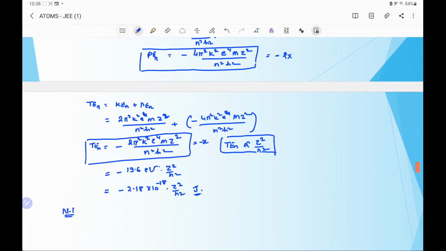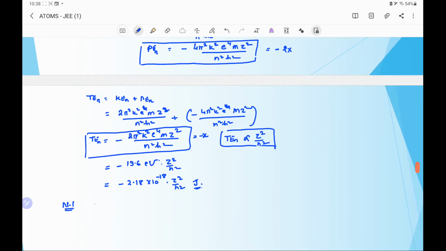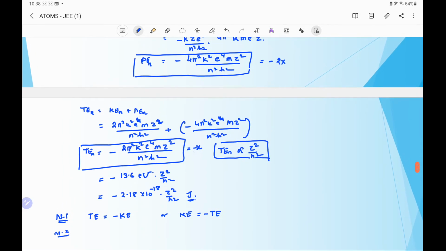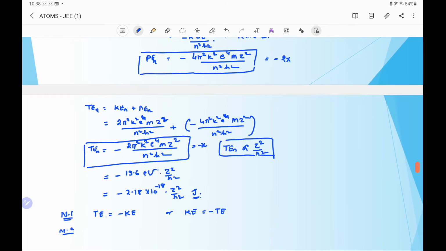So we can write that total energy is equal to minus of kinetic energy, or we can also say kinetic energy is equal to minus of total energy. Similarly, if we relate total energy and potential energy, total energy is minus x and potential energy is minus 2x. So we can write that potential energy is twice the total energy.